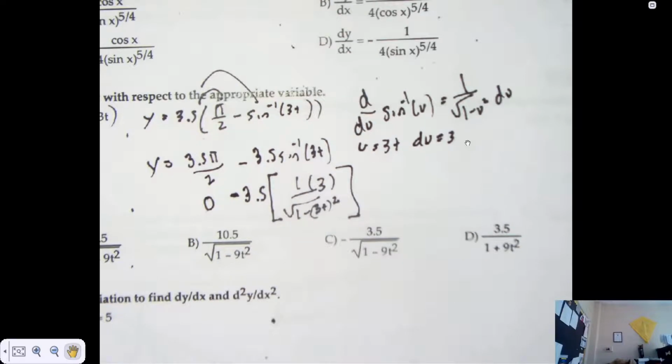I would think you'd probably be able to come up with the right answer by yourself now. On a multiple choice question, I wouldn't do any more work. It ain't B or D. Those are both positive answers.